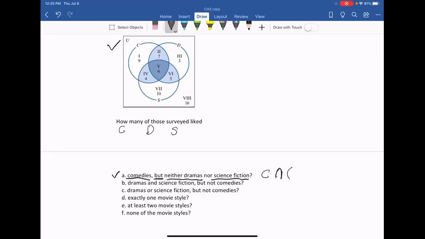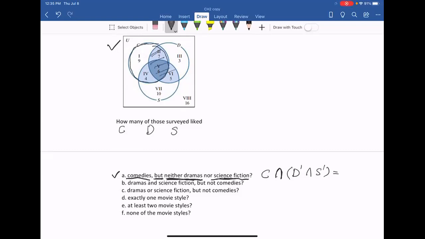Neither nor, that negates the sentence, or that's the complement of drama and science fiction. That means not drama and not science fiction. What's the region of this? In this area, I need to subtract.